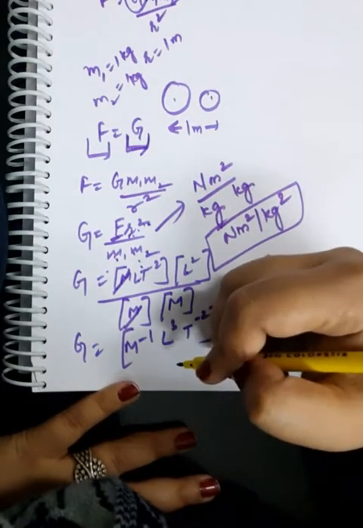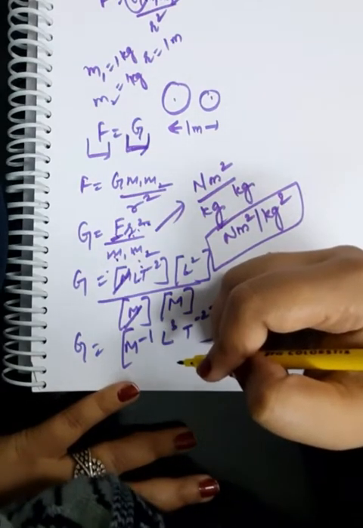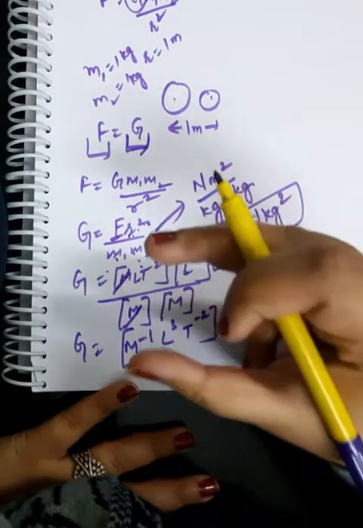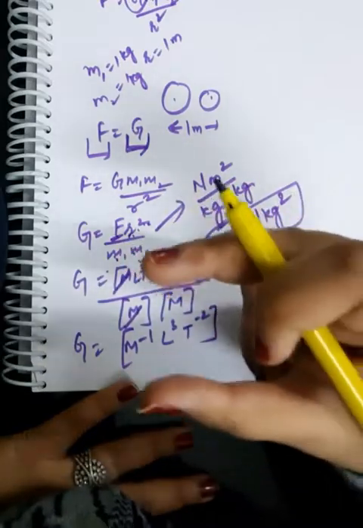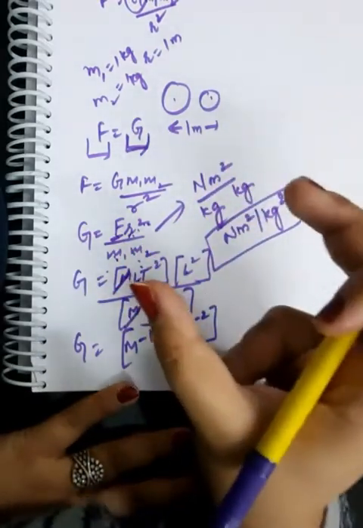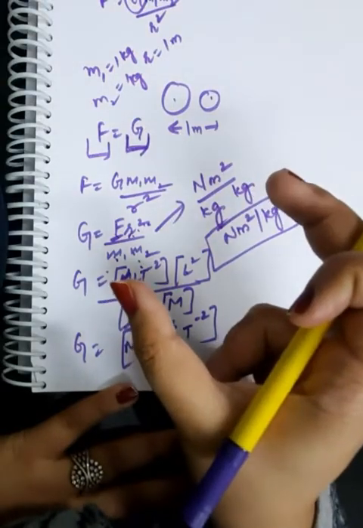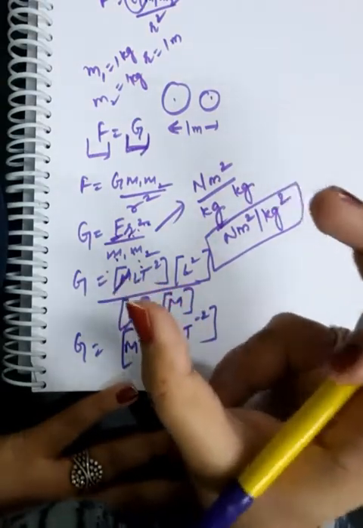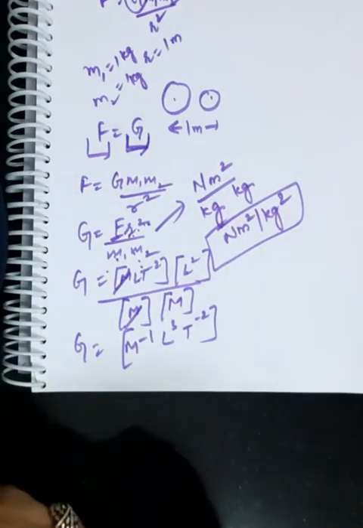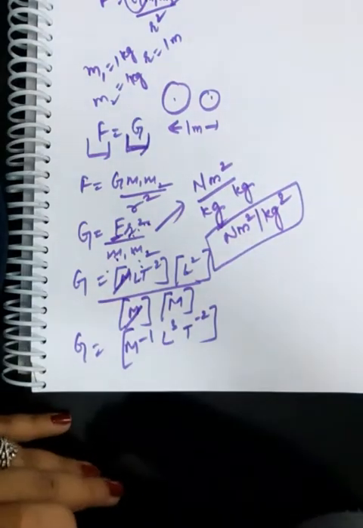I repeat, the universal constant of gravitation is nothing but the force which is there in between two bodies. Those two bodies have masses of 1 kg each, and they are separated from each other by a distance of 1 meter.